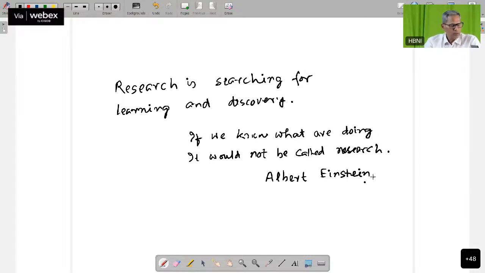And there are two types of research. One is incremental and the other is path-breaking research.